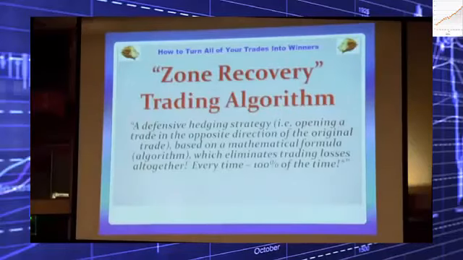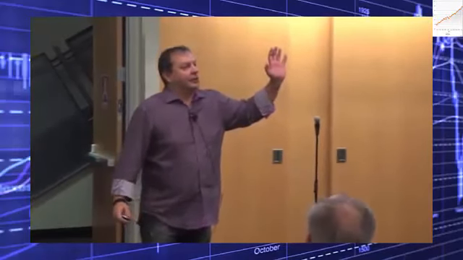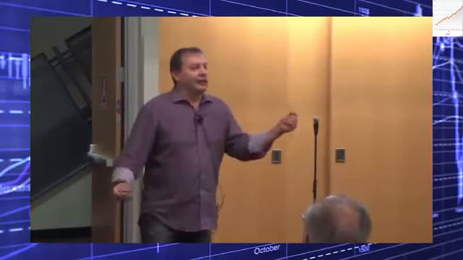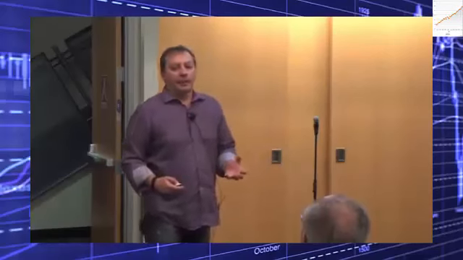In other words, opening a trade in the opposite direction of the original trade based on a mathematical formula, also called algo or algorithm, algo trading. You've heard that, right? Who uses that? Who else? The guys with money, because they know they're not as smart or as fast as a computer can be.